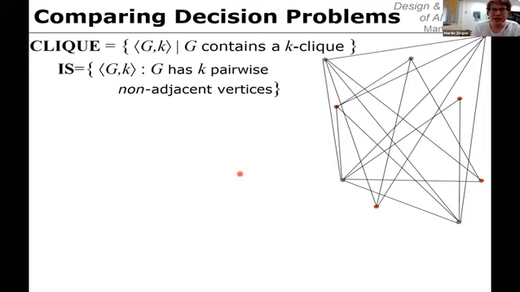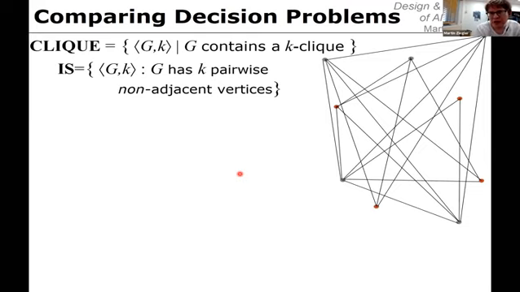Let me say that again. If there is a polynomial time algorithm for the clique problem, then we can combine that with a simple algorithm for computing the complement of the graph, for flipping edges between present and absent, and arrive at a polynomial time algorithm for the independent set problem.